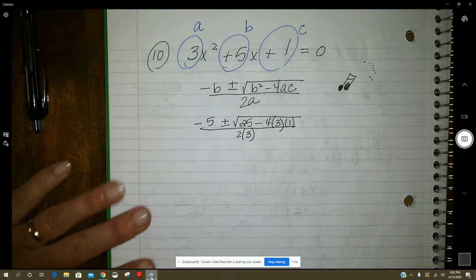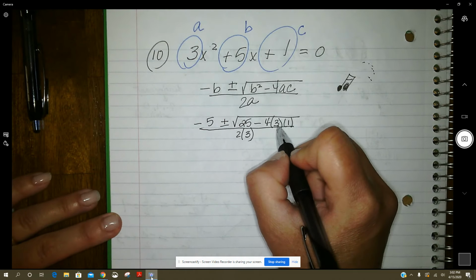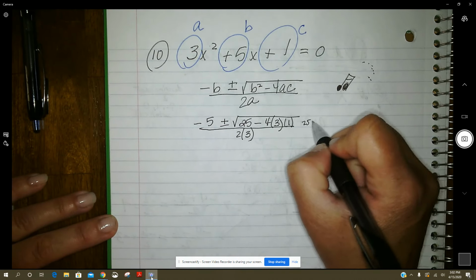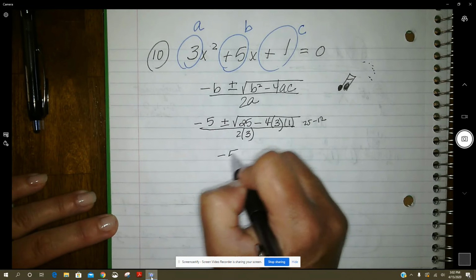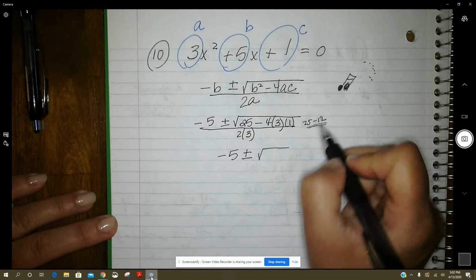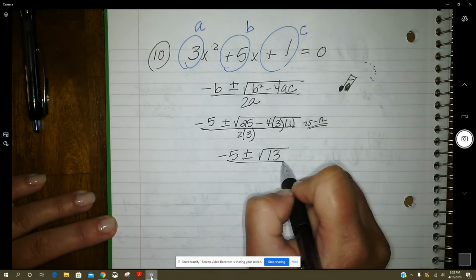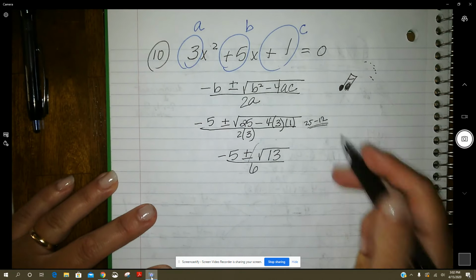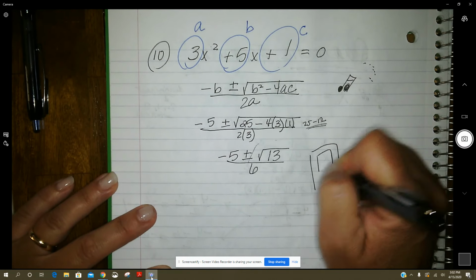Let's go do some simplifying. 4 times 3 times 1 is 12, and I need to figure out what 25 minus 12 is. So I have -5 plus or minus the square root of, it looks like this is going to be a 13. Do you know what the square root of 13 is in your head, or are you going to need a calculator?